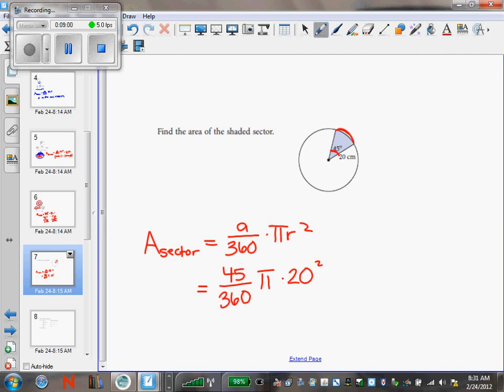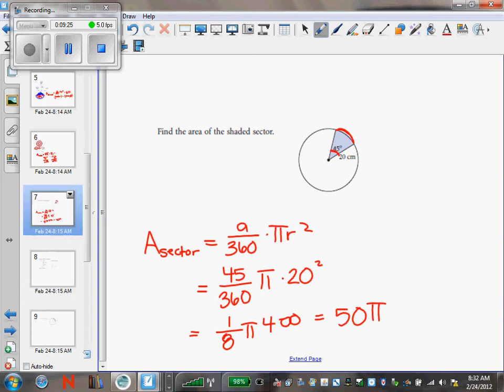Well, 45 over 360 is 1/8. 20 squared is 400. So 400 divided by 8 is 50 pi. I want you to leave pi in your answers. So your answer should be 50 pi.